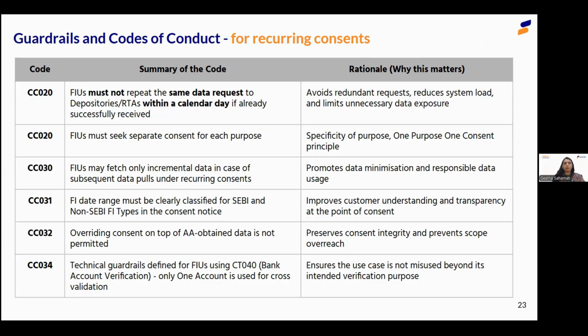If you have SEBI data to be pulled, please pull only once a day, though it is 25 per month, because the settlement data is what you get in SEBI entities. So even if you pull more than once a day, it will still be the same data that you get. So let's avoid unnecessary burden on the FIP.